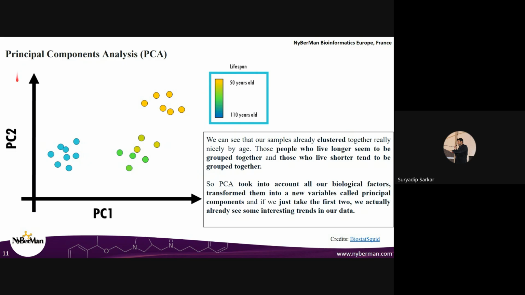So what are some inferences that I can draw from this plot, right? One very, very clear inference that we have is that our samples have clustered together really well. PCA, remember guys, please don't confuse this. PCA is not a clustering technique. The math and the algorithm behind PCA does not make it cluster samples.